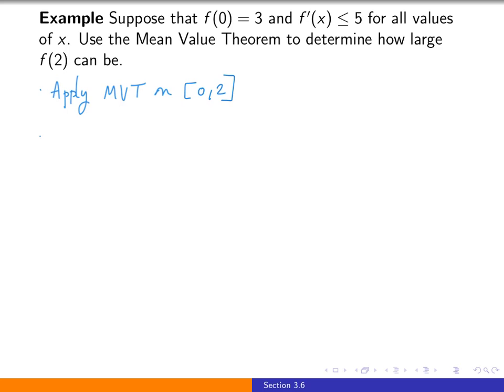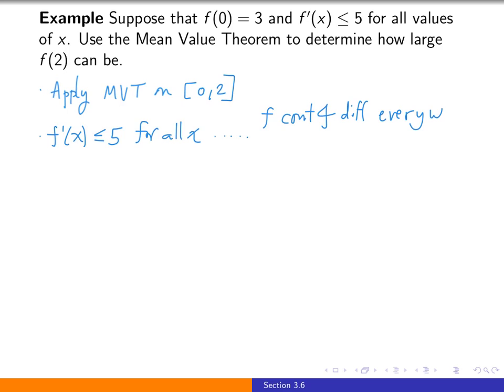So in order to apply the mean value theorem, we have to think about the hypotheses being satisfied. We are told that f prime of x is less than or equal to 5 for all values of x. And what that means is that our function f has to be differentiable and continuous everywhere.